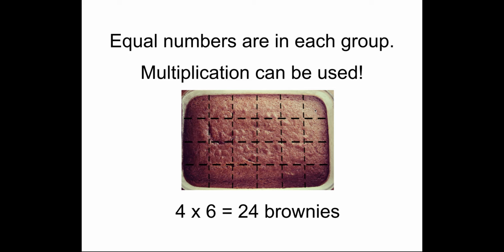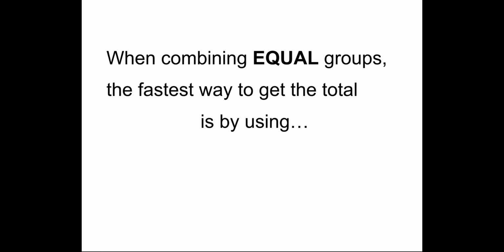So we had 6, 12, 18, 19, 20, 21, 22, 23, 24. So 6, 12, 18, 24 brownies. 24 brownies in all.